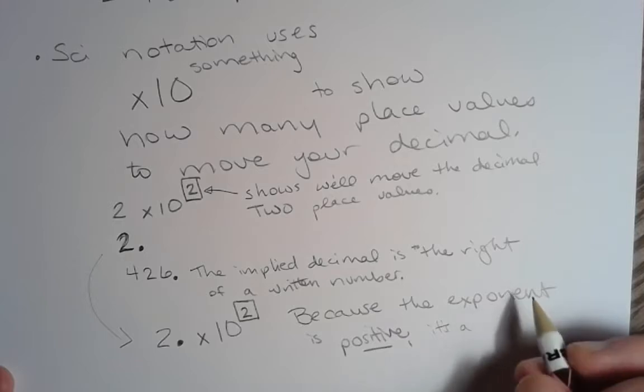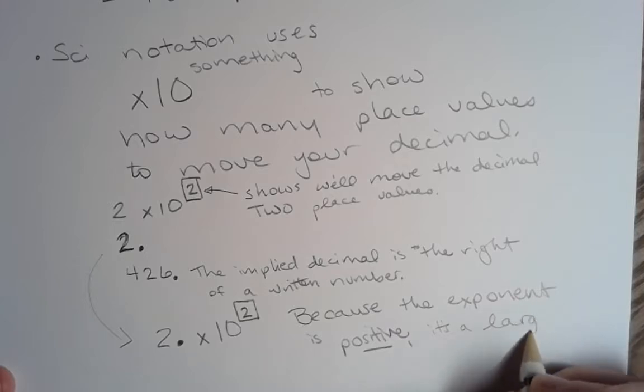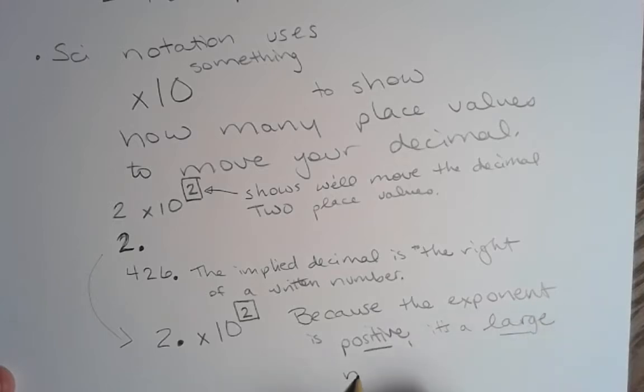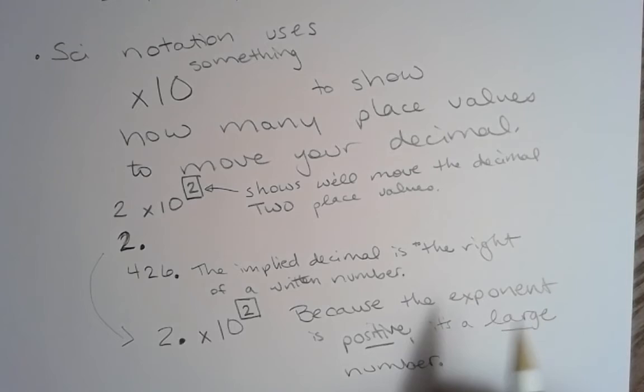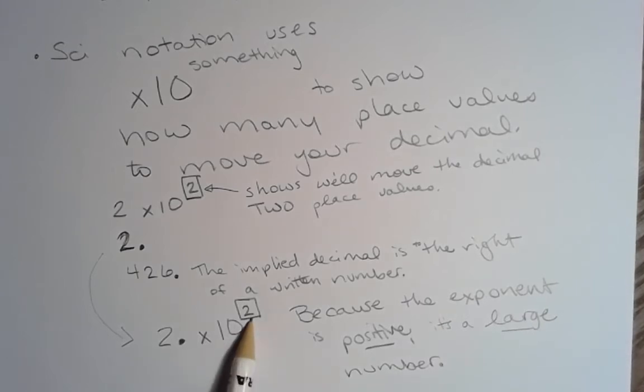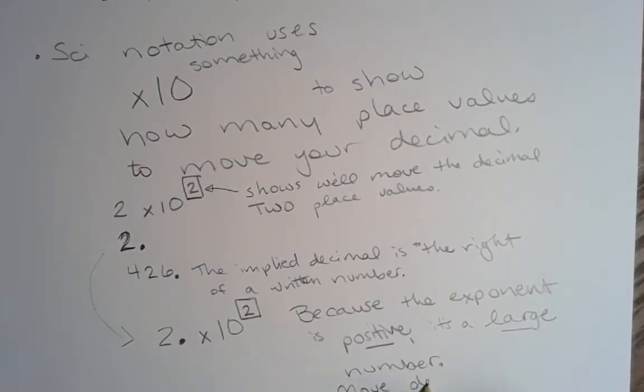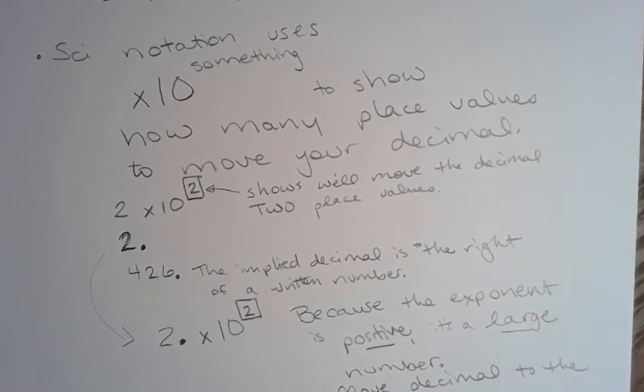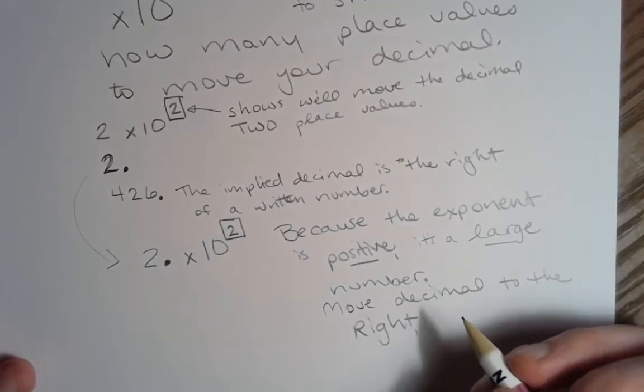That's the wrong word. It's a large number. There's so many ways to think about this. So you have a positive exponent. You're going to move your decimal to the right. Move decimal to the right to get a large number.